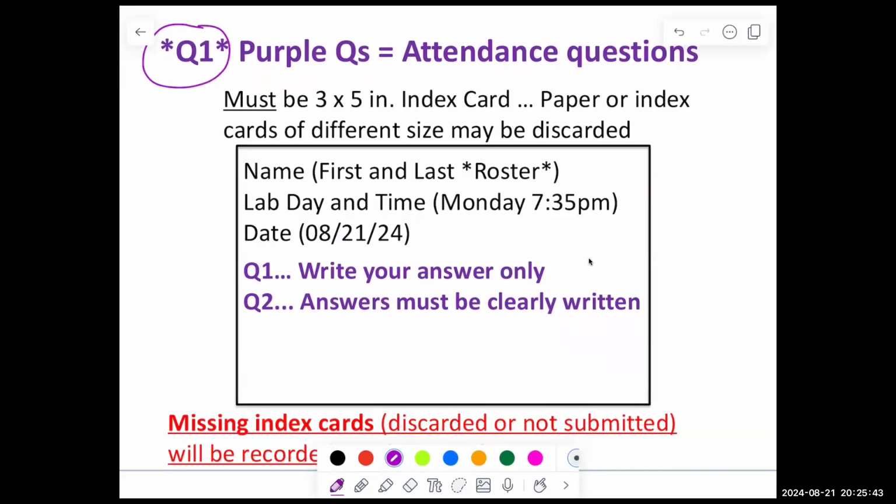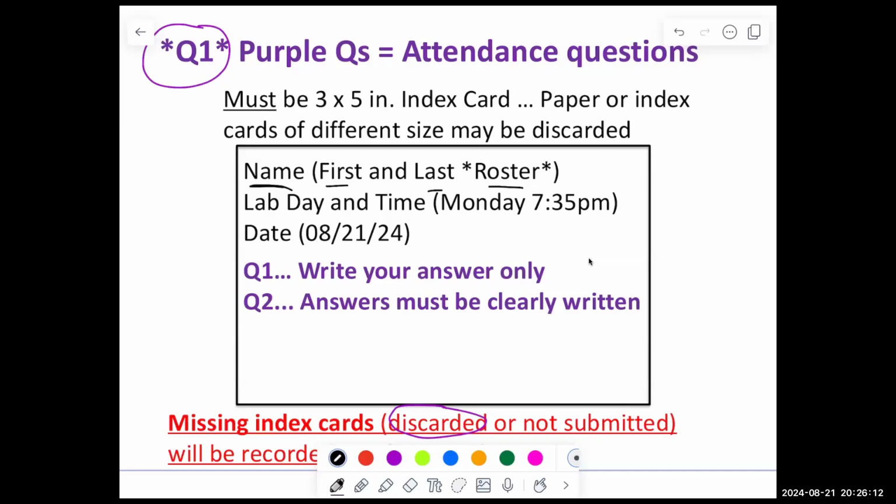Those that are not filled correctly will be discarded, and that's going to count as an absence. You get enough absences, you will be dropped from the course. What I need from you on every single card is your name, and it must be the first and last name that's on the roster. I apologize, but if it's a common name that I don't know, I might mark you absent.